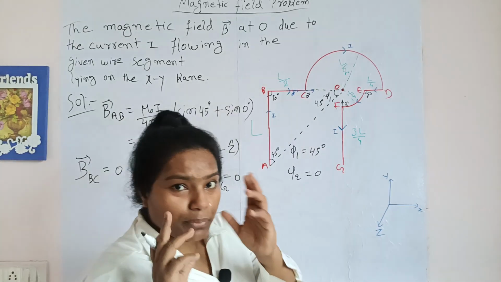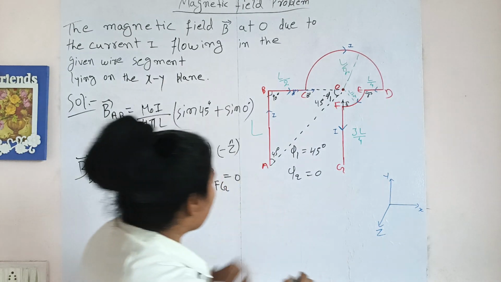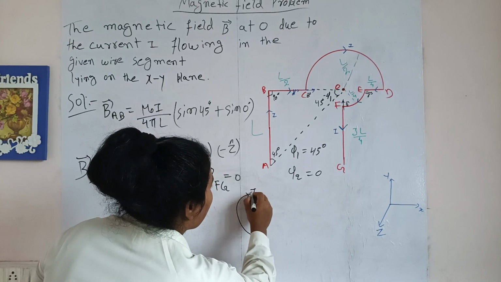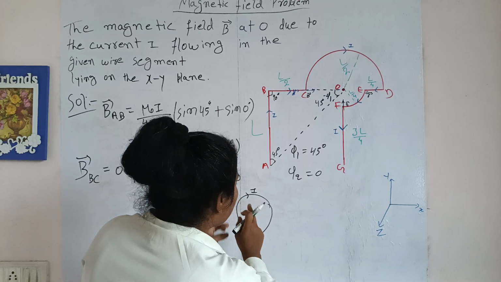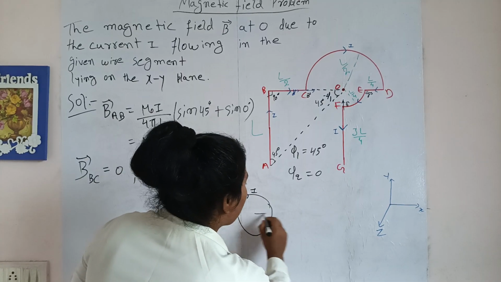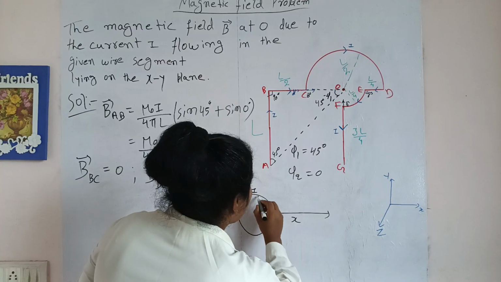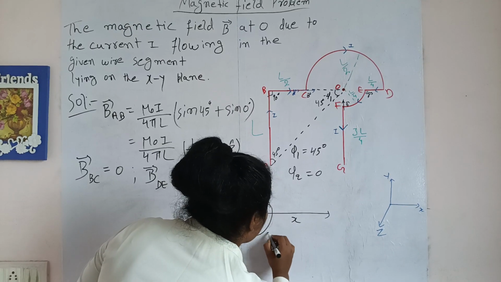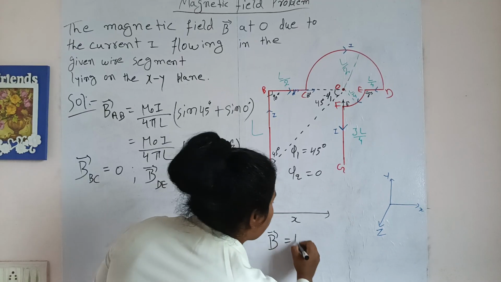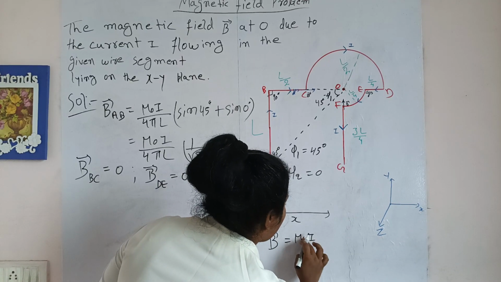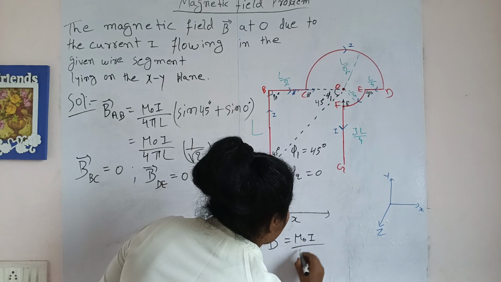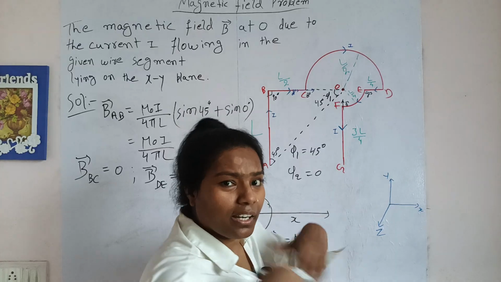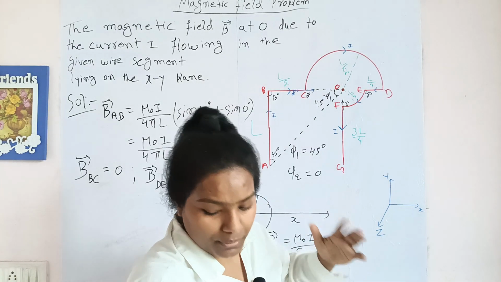Again by the Biot-Savart law, we know that if a wire is carrying a circular current I, then the field due to this wire at a distance x, if it has a radius r, will be B equals mu naught I by 2. This is also a derived thing. I'll use another video to derive it step by step.